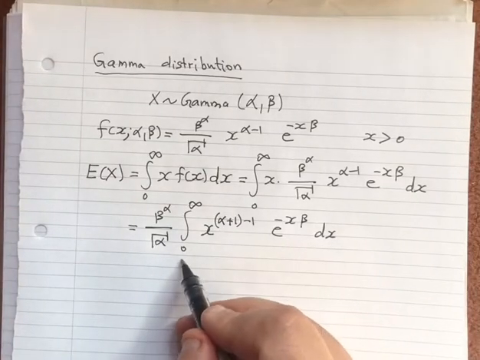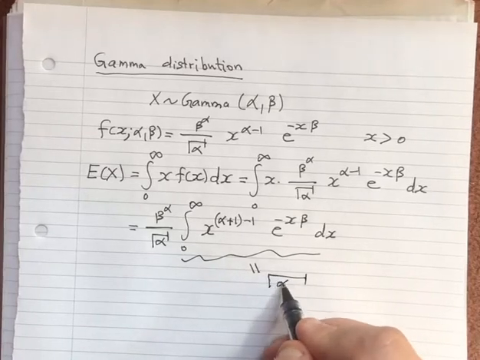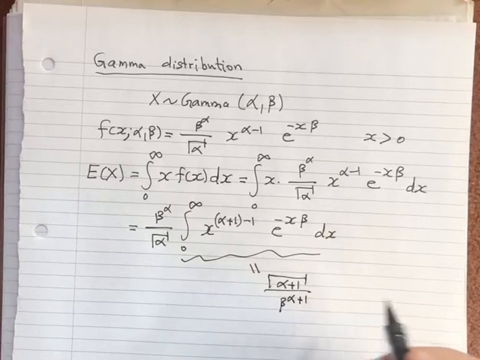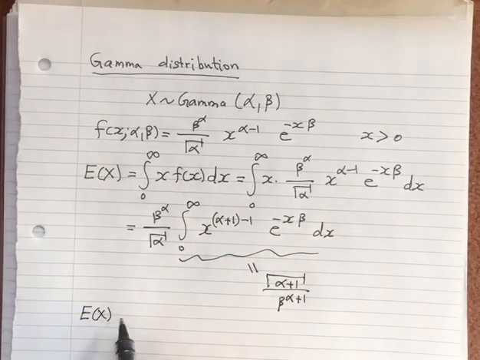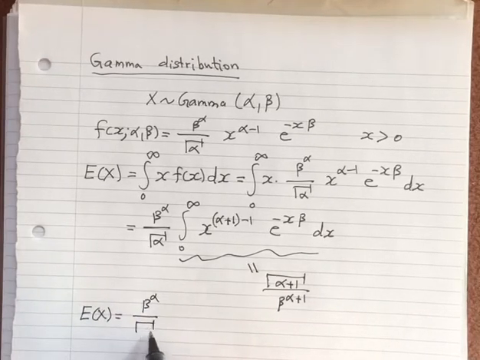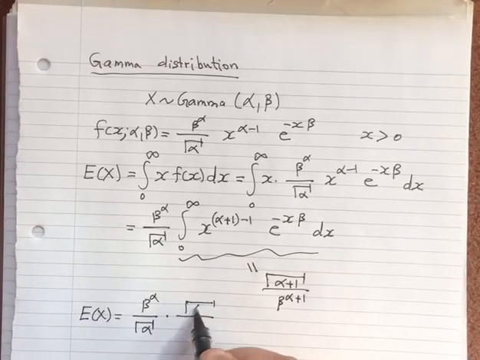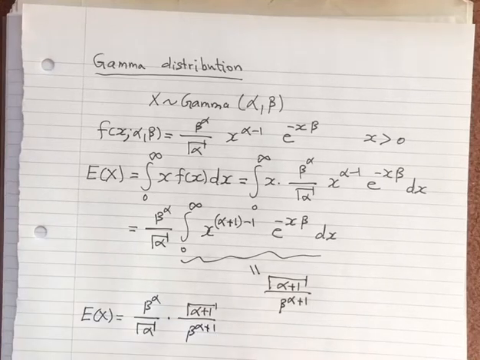And as we know, this integral equals gamma of alpha plus 1 over beta to the power alpha plus 1. So the expectation of x equals beta to the alpha over gamma of alpha, and then gamma of alpha plus 1 over beta to the alpha plus 1.